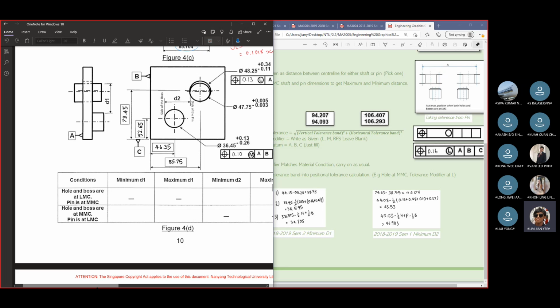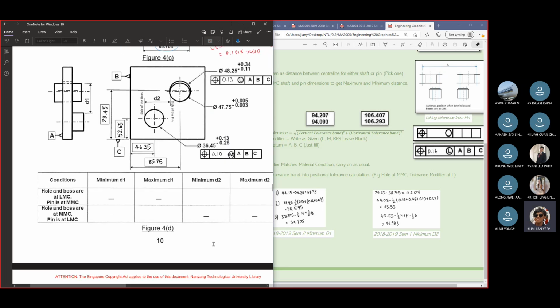So let's go to the hole. What are the dimensions of the hole? 48.25 plus 0.34 minus 0.11. Okay, hole is at MMC. So for MMC of the hole, maximum material, you need a smaller hole.